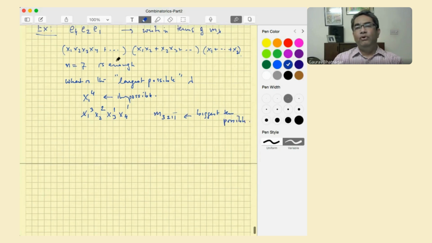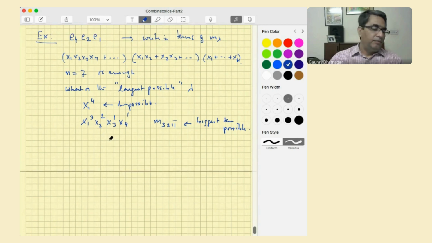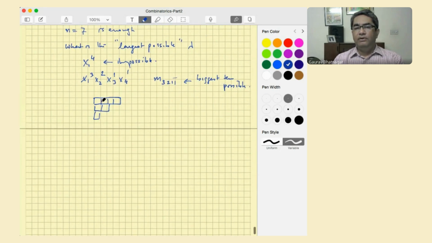So one way to picture the products here is to take a partition of 7, so 4, then 2 and 1, and you can put numerals in increasing order. For example, you can put x1, x2, x3, x4 here. Let me make it bigger.